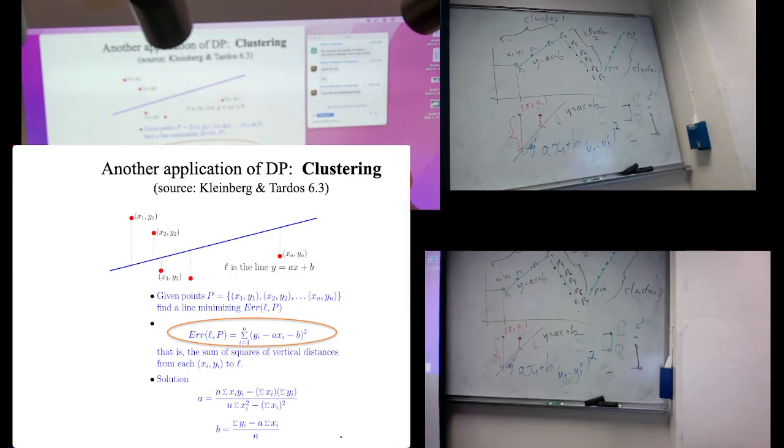You don't need to study it right now. If you do know what a differential is, then you say, let's take this expression, take the derivative with respect to a, make it equal to 0, take the derivative with respect to b, make it equal to 0, solve these two equations, and here is the formula that tells you what is the optimum a that you are taking, what is the optimum b that you are taking. This is a formula that tells you what is the best line that you need for one set of points.